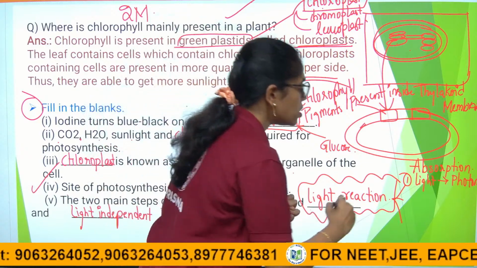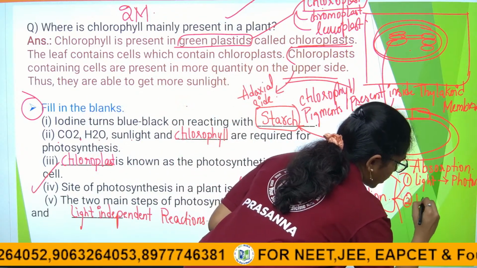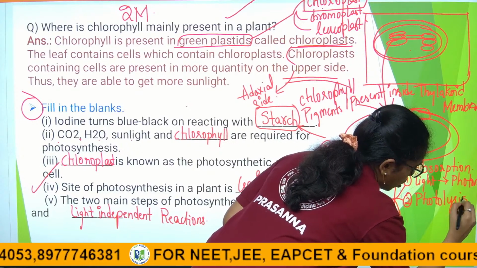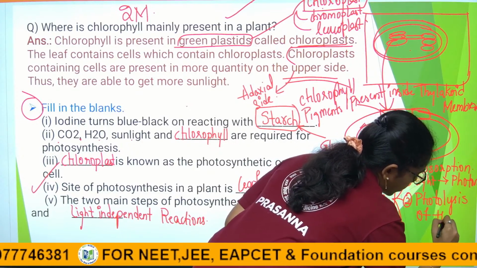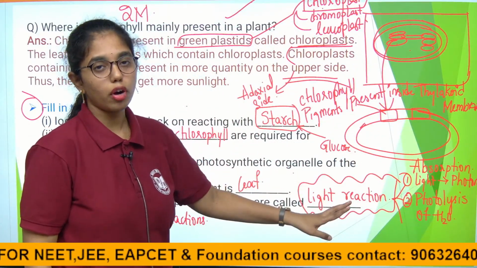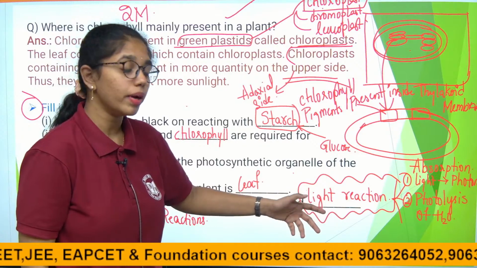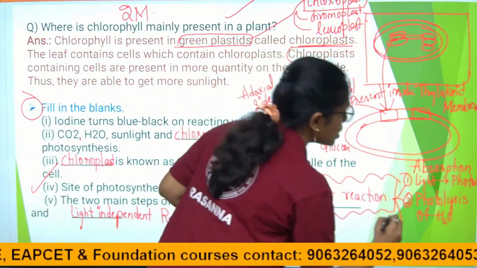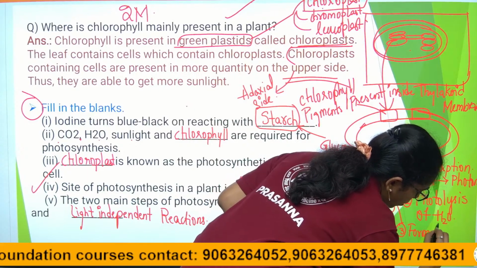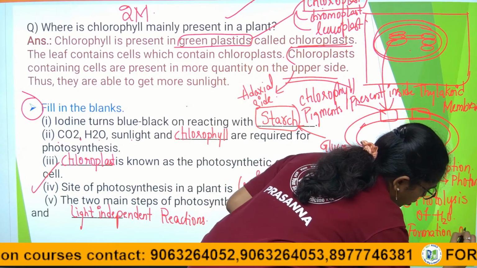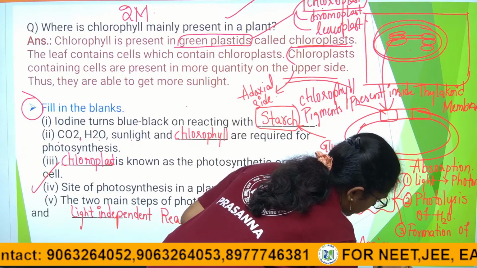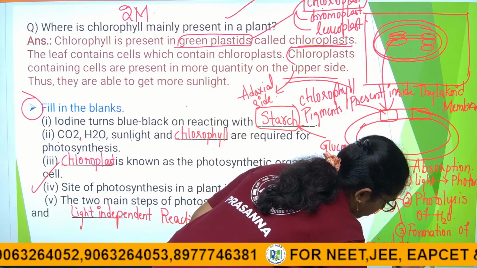Second step is photolysis of water. This takes place in the thylakoid lumen. Third step is formation of assimilatory power.